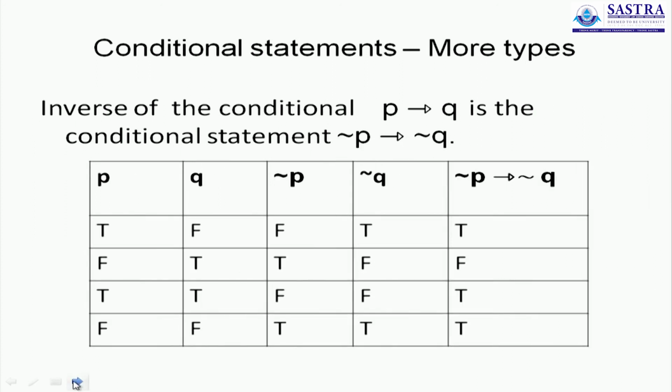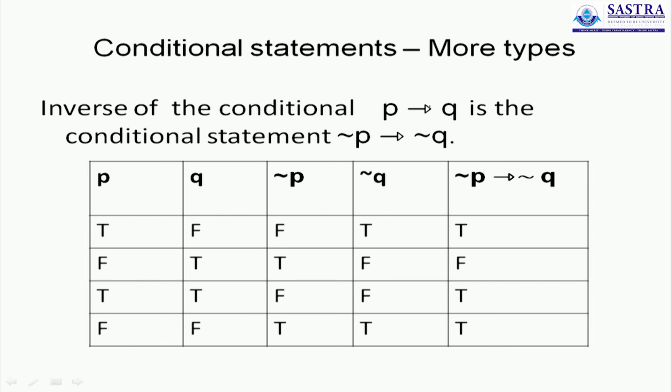The next one is the inverse. The inverse of the conditional P arrow Q is a statement that is once again a conditional, but both P and Q are in their negated versions. So you don't do anything to the arrow, you retain the arrow, but this time around you do the negation operation on both statements. You say negation P leads to the conclusion that negation Q is true.